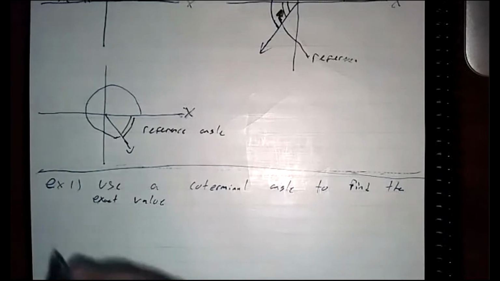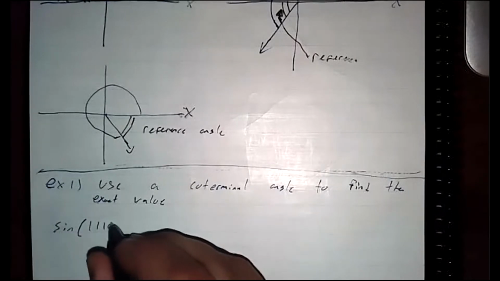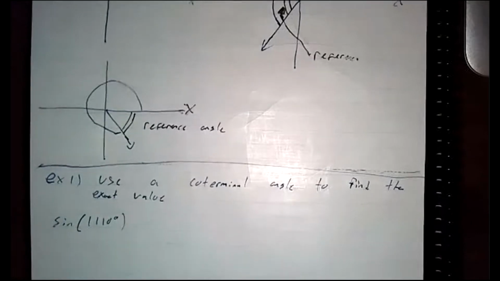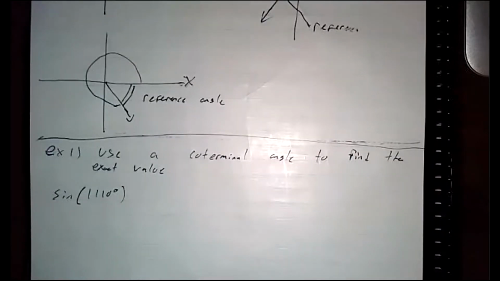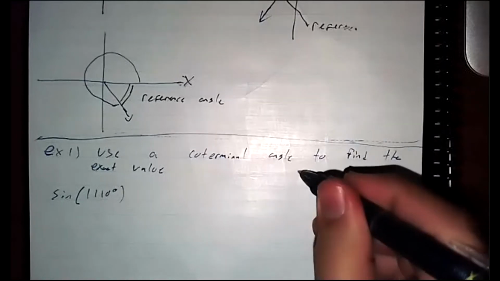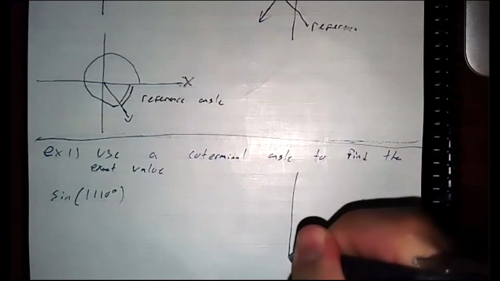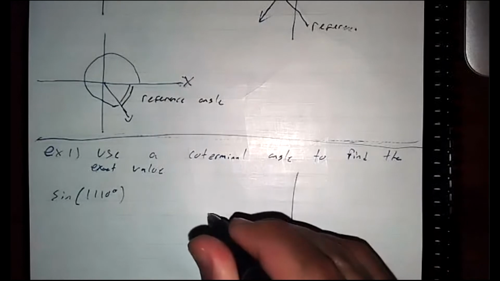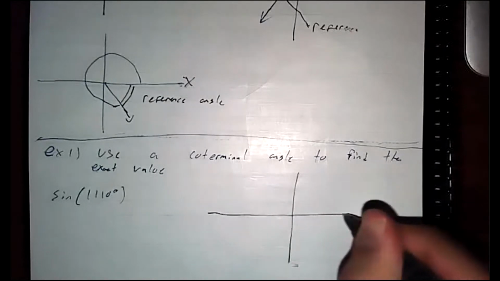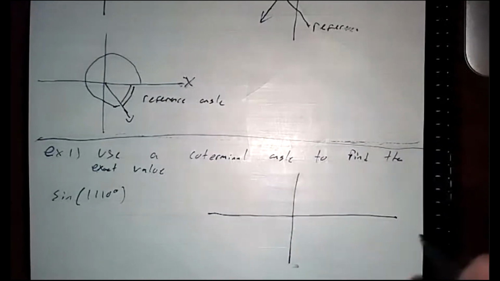So let's say you're given sine of 1,110 degrees. And you're like, you know what? That's not on the circle. That's too big. But that means it went around the circle a bunch of times, right? So we do know that one circle is 360 degrees, right? Going all the way around, correct?